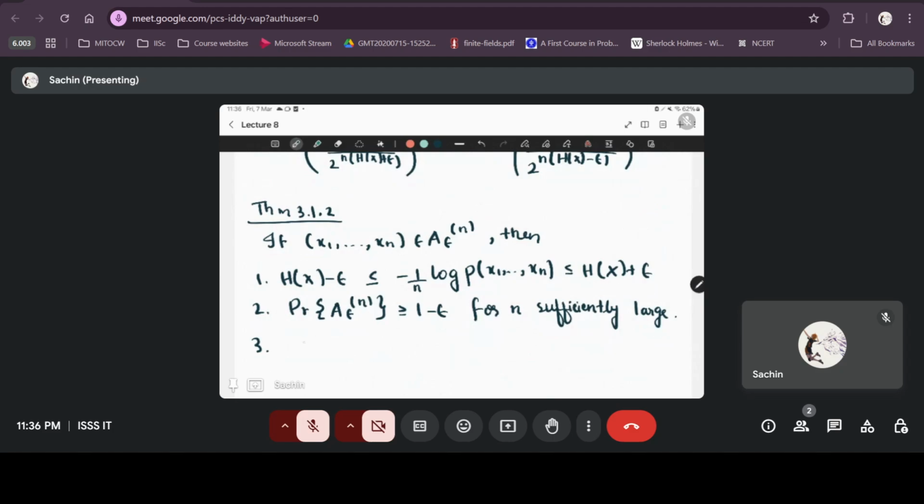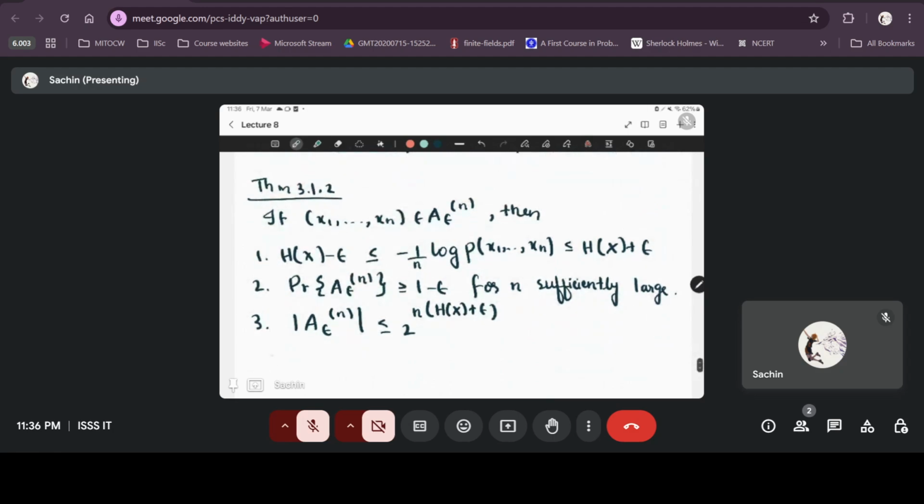The third point is the number of elements in this typical set is upper bounded by 2 power n h of x plus epsilon, and the number of sequences in this set is lower bounded by 1 minus epsilon times 2 power n h of x minus epsilon.